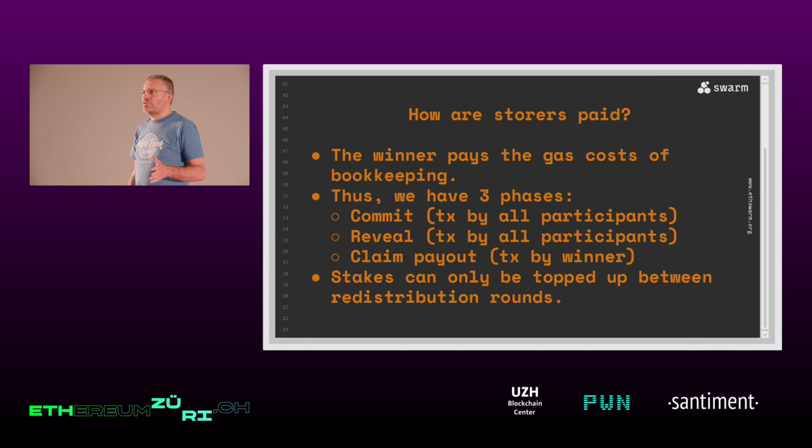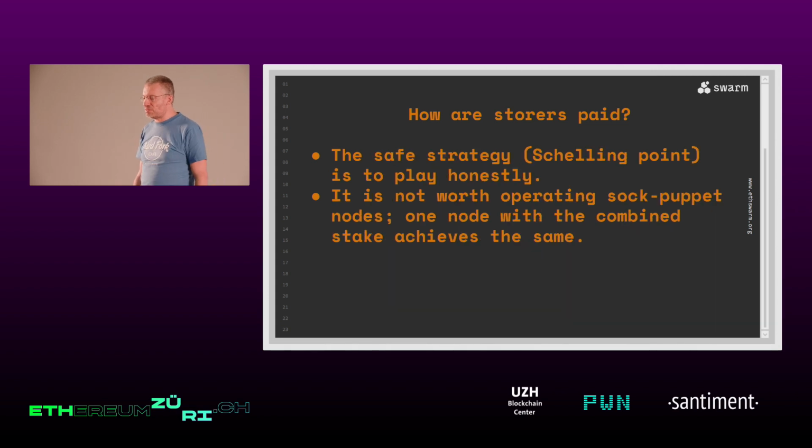And there's also some technicalities, like when can you top up your stakes. We're also thinking about stakes to be withdrawable after some grace period. But these are really technicalities. So this is the basic mechanics of redistribution. And just to reiterate, the only safe strategy is the Schelling point, which is to play honestly.